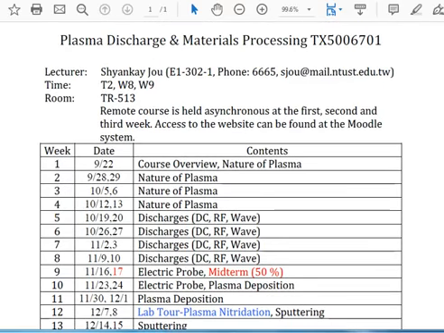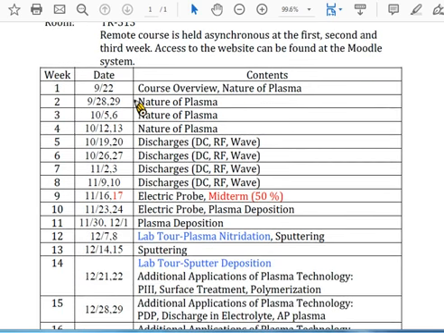The other part of the class focuses on the processing of materials. After we know the fundamentals and theory of plasma and the hardware and equipment for plasma generation, we can use plasma for our materials processing.